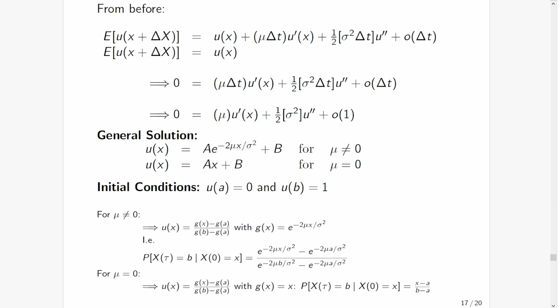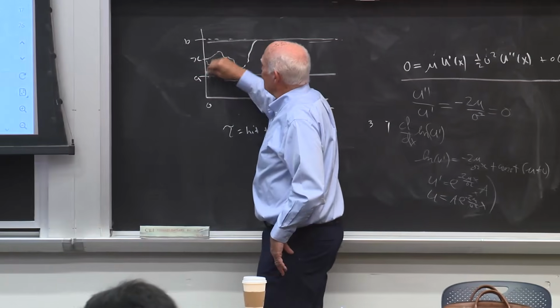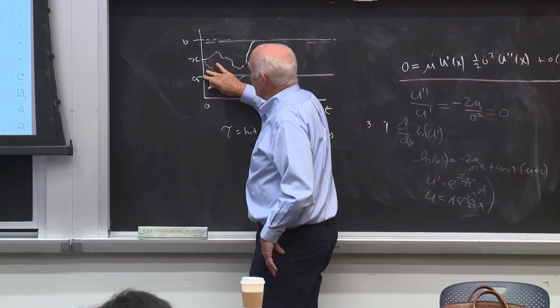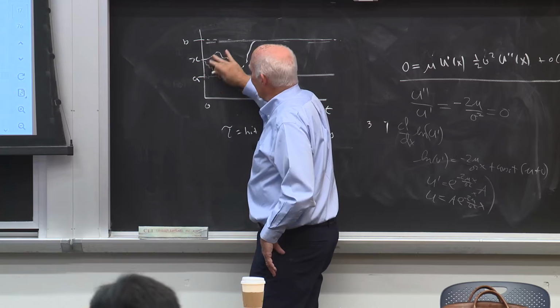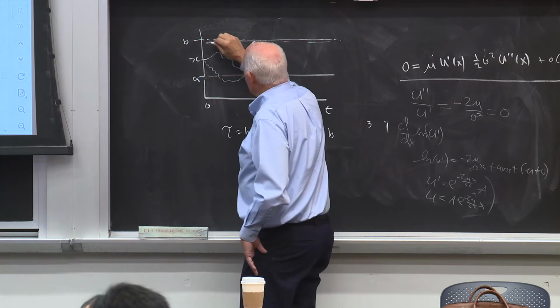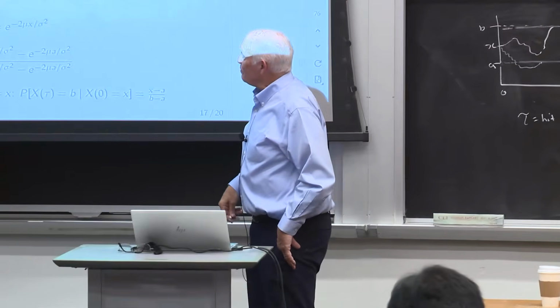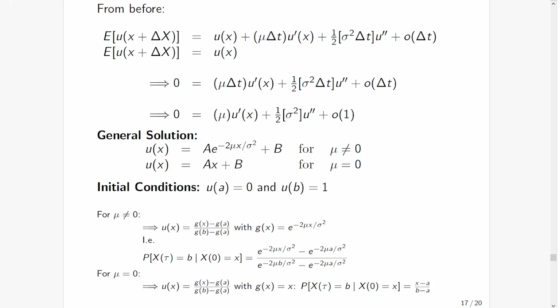So if we start at a, we stop, so u of a is going to equal 0. And if we start at b, it's equal to 1. We end up getting this formula for what u is.